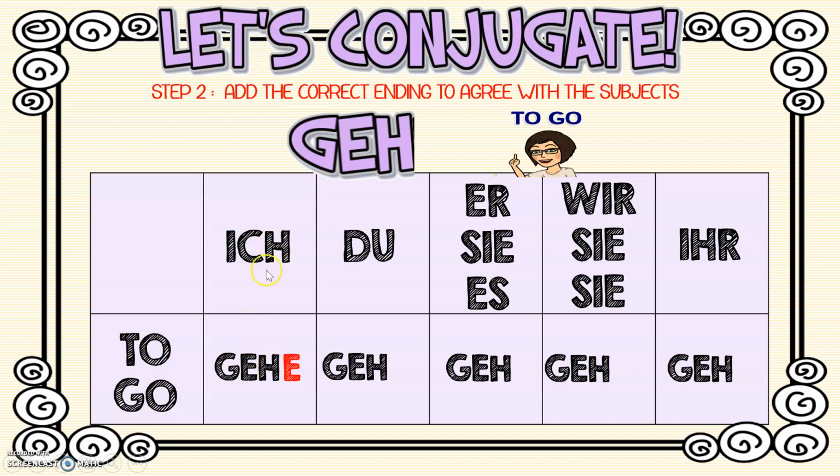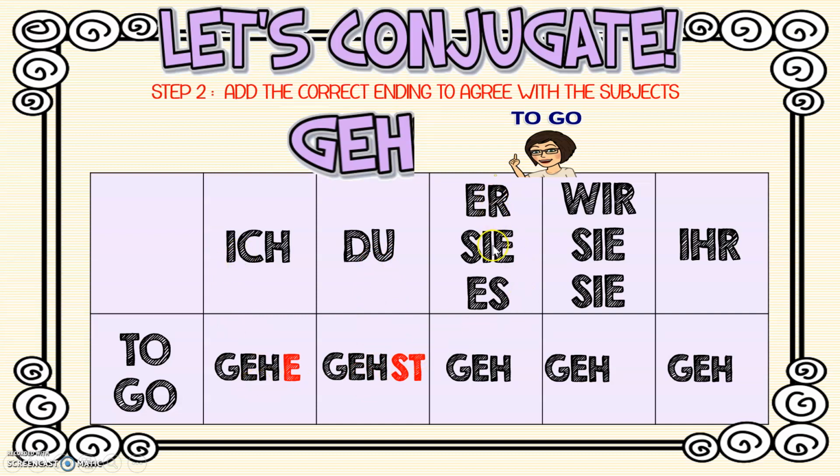I go. Ich gehe. Du gehst. This one's easy to remember because it spells the word dust. D-U-S-T. Dust. You go. Du gehst. I go. Ich gehe.